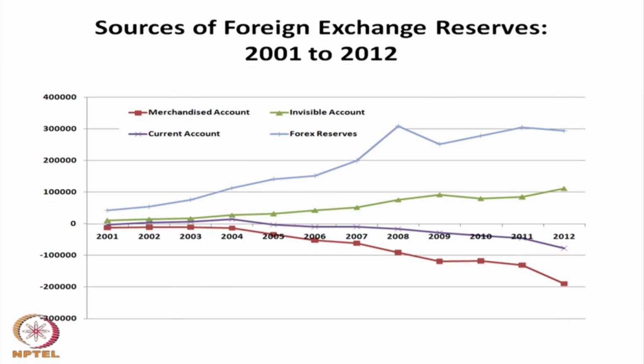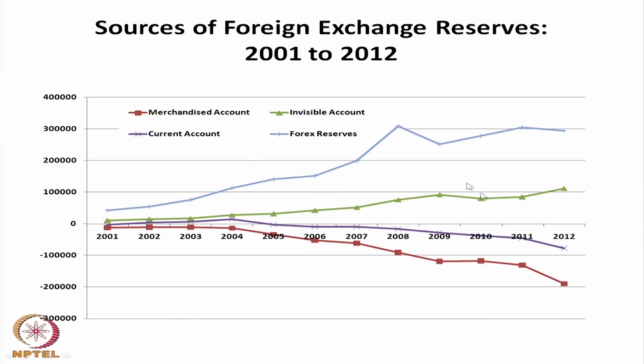The deficit started increasing from 2006 onward, because in 2006 onward the world was in a recession period, our export earning was not good, and our import requirement is essential in nature, which has been increasing over the years, and our export is not in a position to pay for our import. Because of that, the merchandise account deficit is increasing and the current account deficit is also increasing.